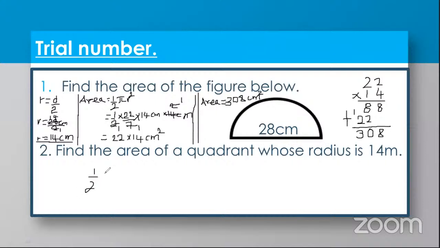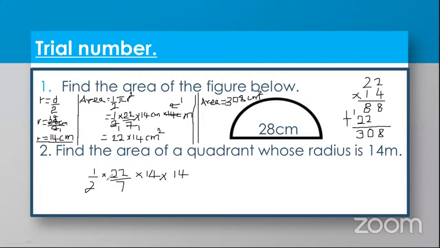We have 1/2 times, this is what Clever said, a half times 22 over 7 times the radius, 14 squared. So 14 squared is 14 times 14. Of course, you are supposed to substitute it. Now, this 2, you can divide by any number in the numerator.